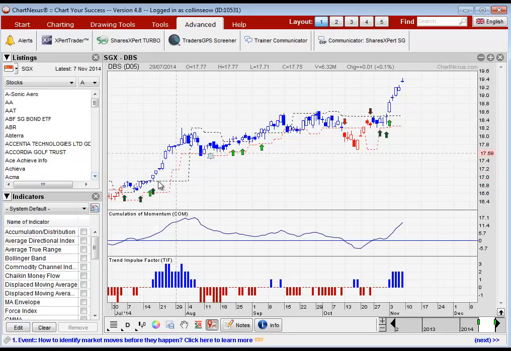This color of the candlesticks coincides with the accumulation of momentum, which is this indicator over here. If it's above 0, like in this case, it'll be blue in color, and when it drops below 0, it'll be red in color. So again, this helps you to indicate the mode. Blue is a buy mode and red is a sell mode.